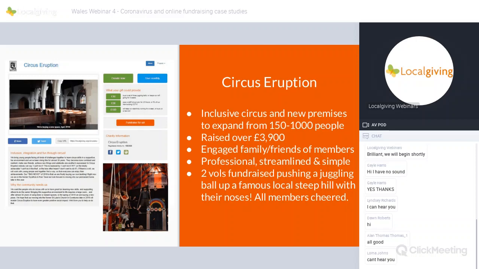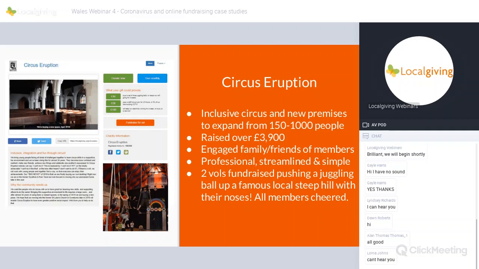So 2 volunteers who were quite young people were doing a challenge that they came up with themselves, where they took a juggling ball, they based themselves on a famous local steep hill, and then they pushed that juggling ball all the way up the hill with their noses, kneeling in the dirt, all the way up the hill whilst all the members cheered.